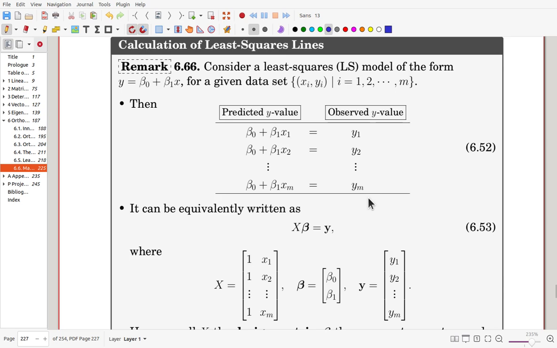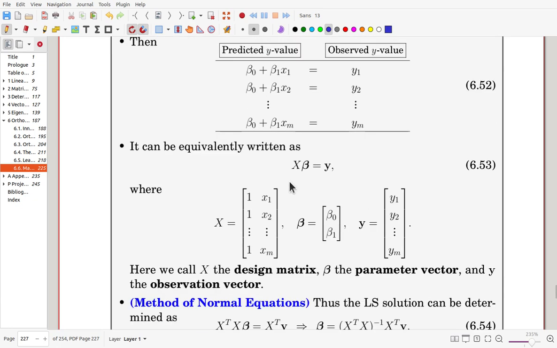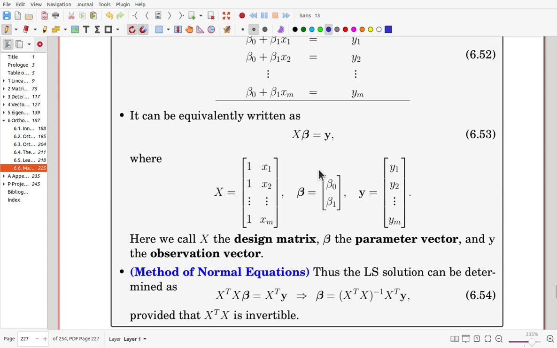Now we have to find the least squares solution, so for this linear system, we already know that the least squares solutions of this system are the same as the solutions of the normal equations. Right? So from here, we try to get the normal equation.